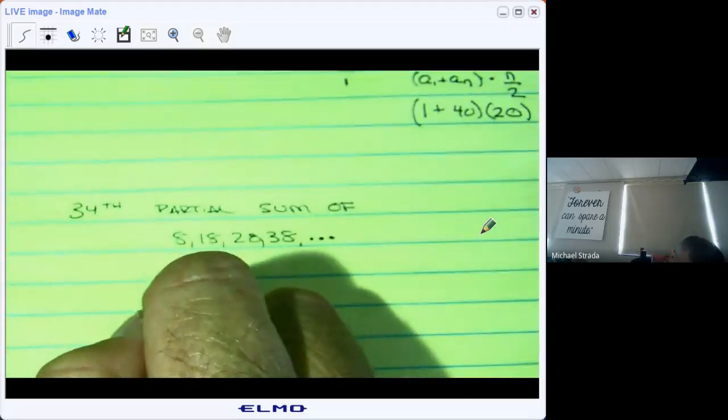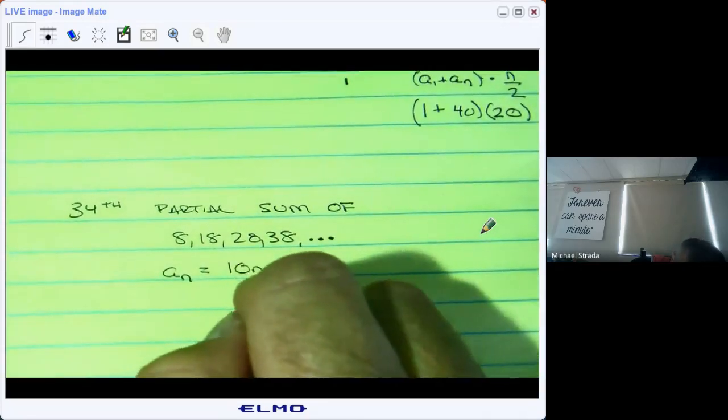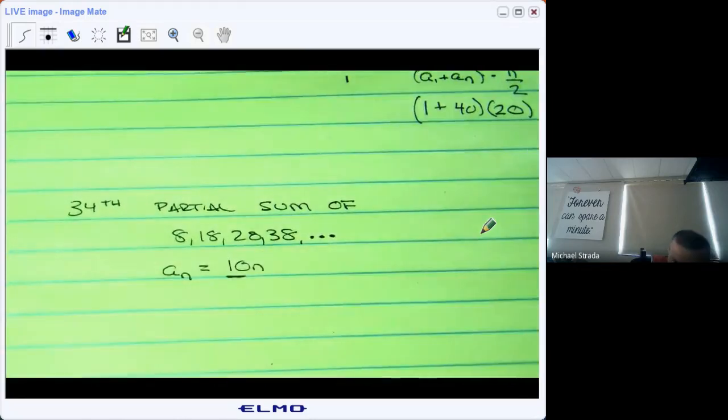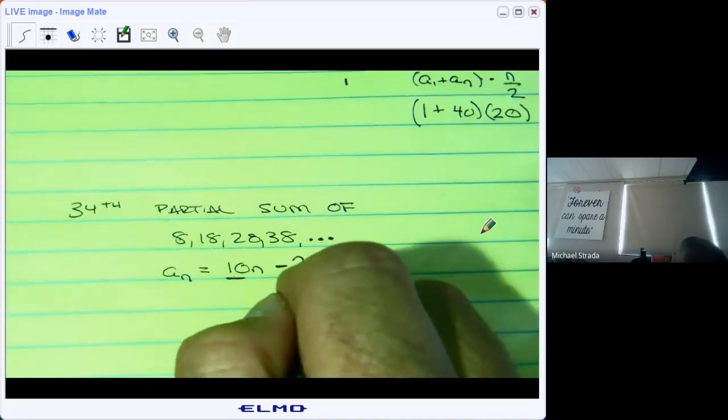First off, it's going up how much each time? 10. So it'd be 10n. Then I compare d to my first term. How do I get from 10 down to 8? I subtract 2.